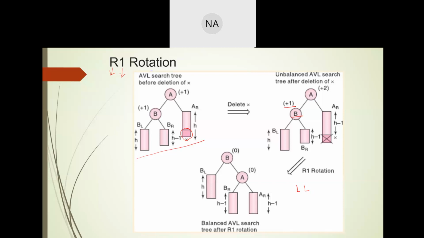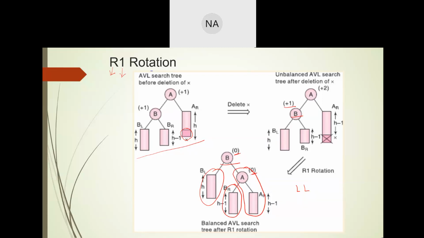The only difference is that you obtain different balance factors after performing the rotation. Here you can see that the same steps are performed: node B is made the root along with its left subtree, node A is made the right child of node B along with its right subtree, and the right subtree of node B is made the left subtree of node A. The difference is in the balance factors. After performing R1 rotation, the balance factor of node B is 0 and the balance factor of node A is also 0.